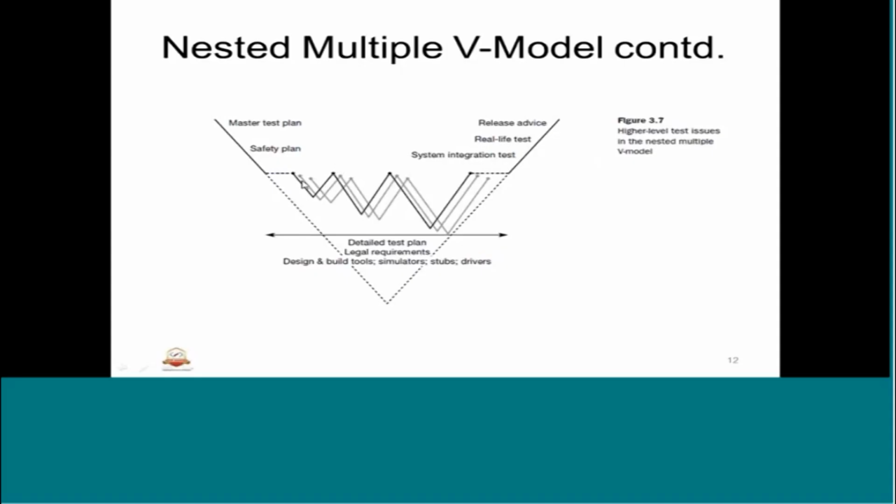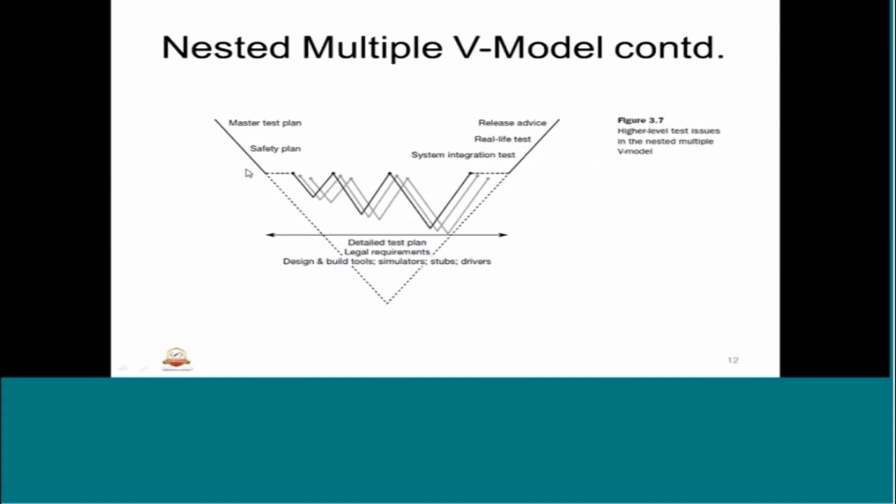The same thing is going to be applied for V model 1, V model 2, V model 3. As an example, 3 V's you can see. Each V, at a system level or component level, is replicated again 3 times. So high level test issues in the multiple V model are taken care of here. That means we have a master test plan, safety plan, and a release applicable for all this as a bigger V model.